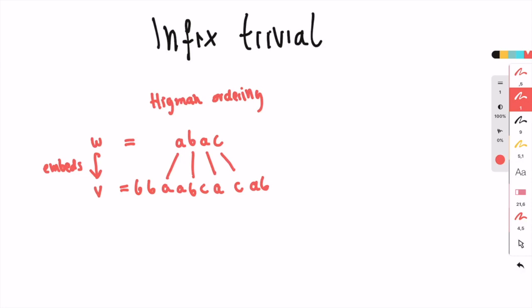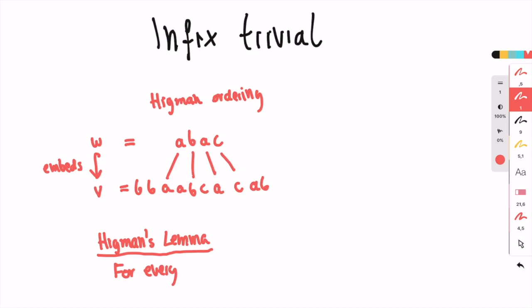Now, the main property of the Higman ordering is Higman's lemma, which is why it's called the Higman ordering. And Higman's lemma was called like this because it was proved by Higman, shockingly. Which says, well, there's several ways of saying it, but I would put it like this.